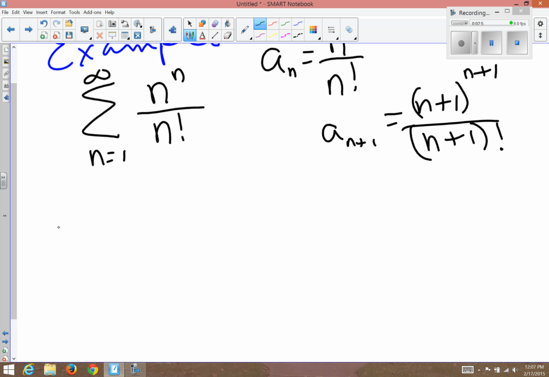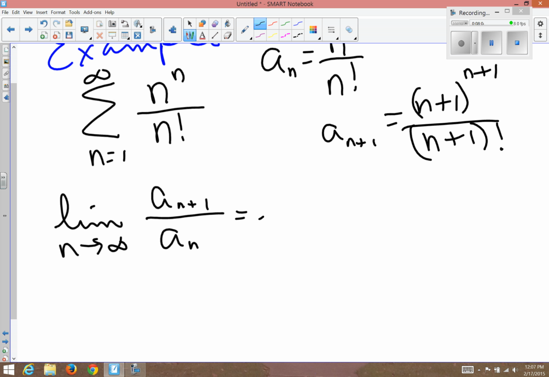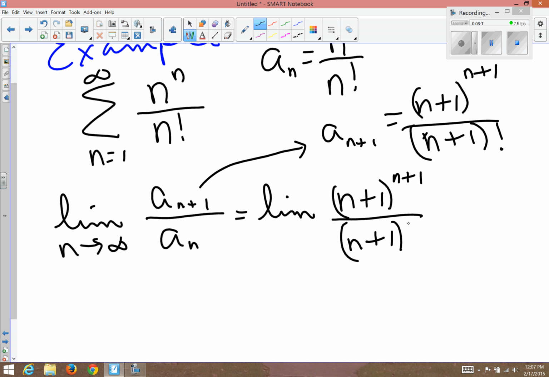The ratio test. We calculate the limit of the n plus first term over the nth term as n approaches infinity. Which in this example is the limit of a sub n plus 1, which is n plus 1 raised to the n plus 1 over n plus 1 factorial over a sub n, which is right there, or there, n to the n over n factorial.